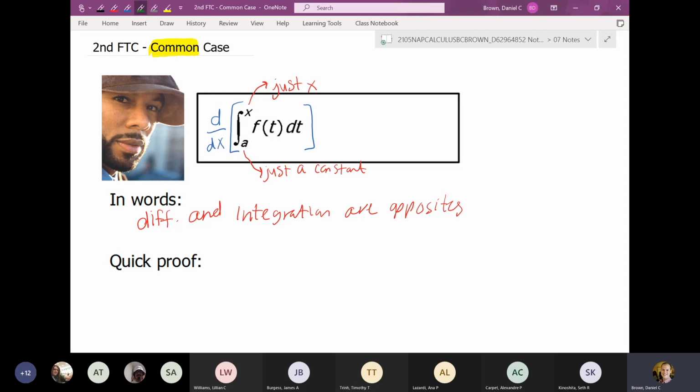We would say that the derivative of the integral from a to x of f of t dt would just be equal to f of x, which is what we saw on the previous slide, where everything else canceled and we ended up with just what was on the inside of that integral. Not going to worry about the quick proof since we did see the example of why that worked on the previous slide.